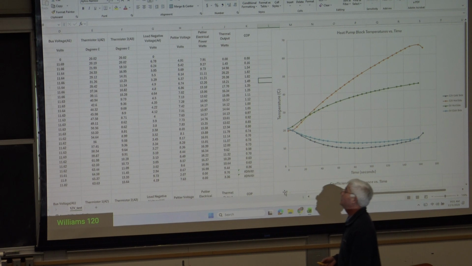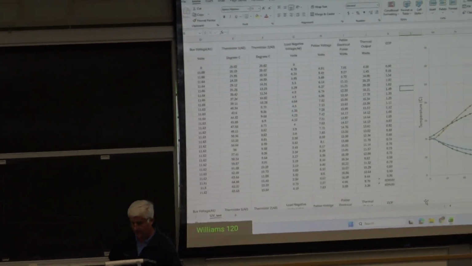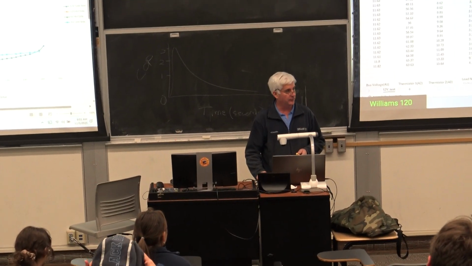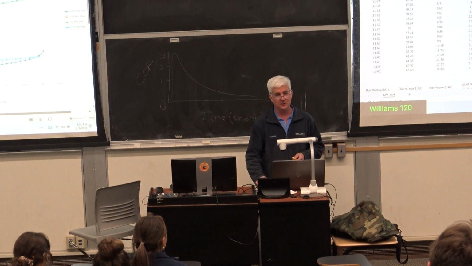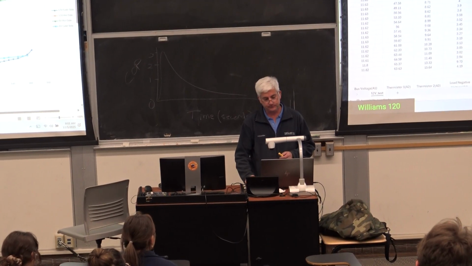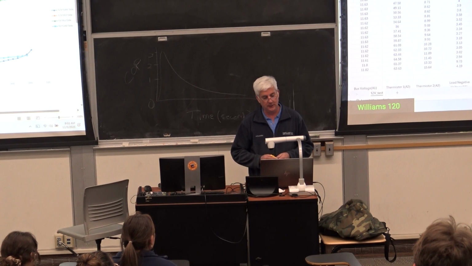Okay, so to do this, the biggest thing we saw in the lab reports was people forgot to subtract off the voltage drop from the MOSFET and the shunt resistor. So the first thing I did, this is all just gathered data, and then I subtracted A4 from A1.